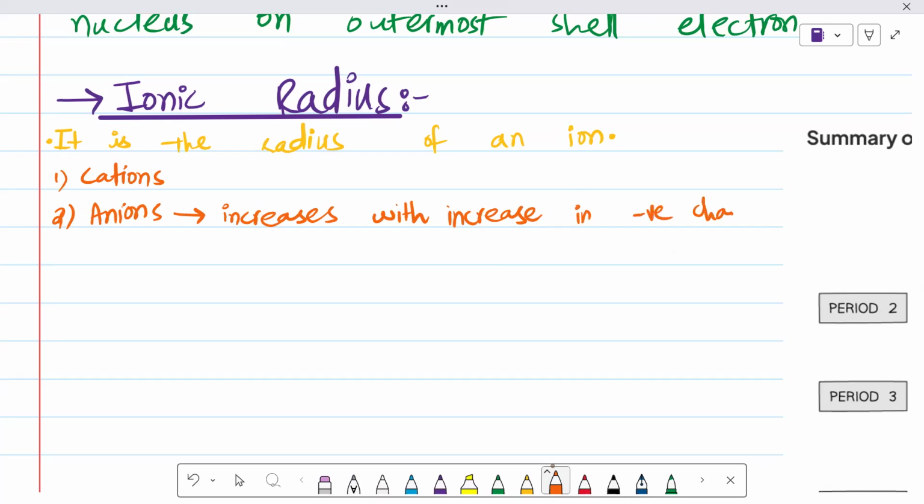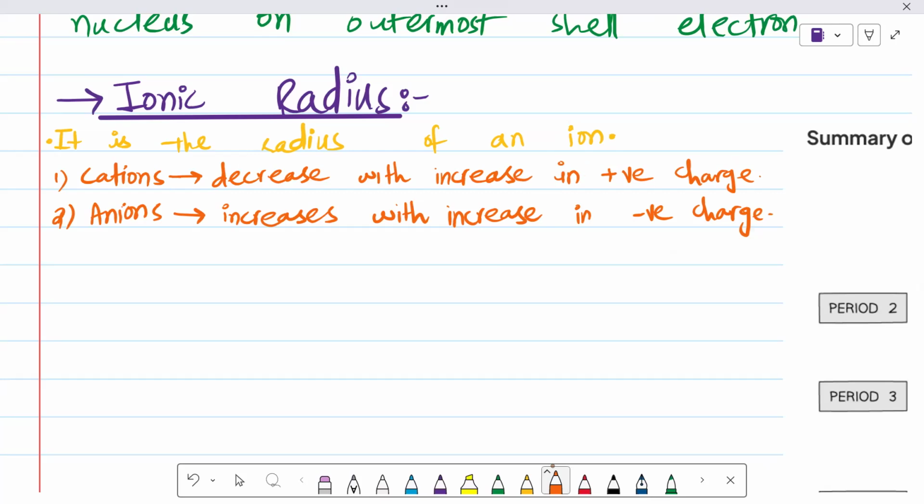Okay, the more the negative charge, the more will be the ionic radii of the anion, and the cation, it will decrease with the increase in positive charge. Okay, the more the positive charge, the lesser will be the radius. Are you clear with this statement?